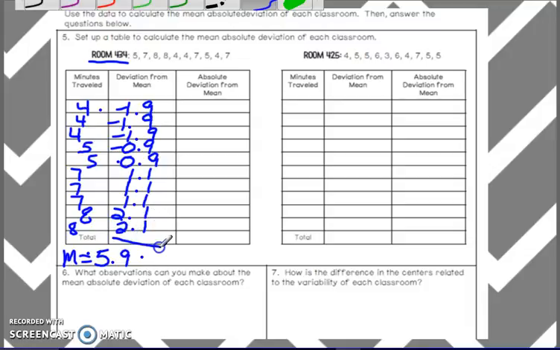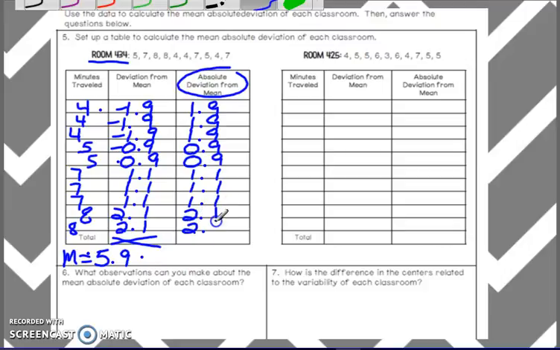And we don't need this right here, so we can X that out. And then do you remember what we did next? How did we get this column right here? Right, we just pushed everything over and made it positive. So 1.9, 1.9, 1.9, 0.9, 0.9, 1.1, 1.1, 1.1, 2.1, 2.1.